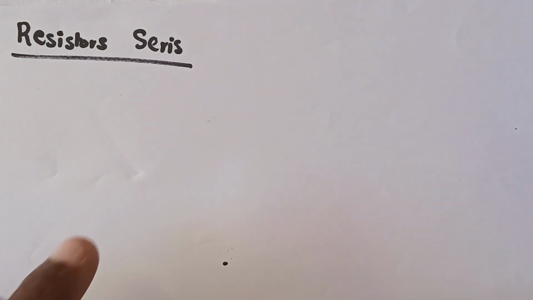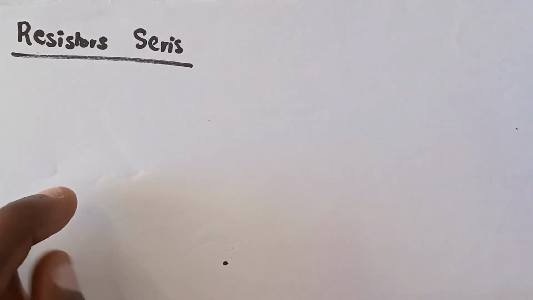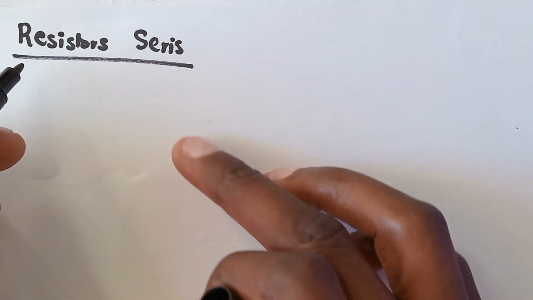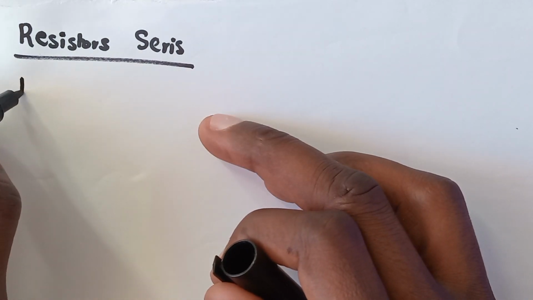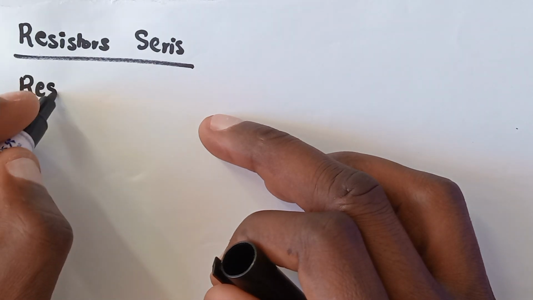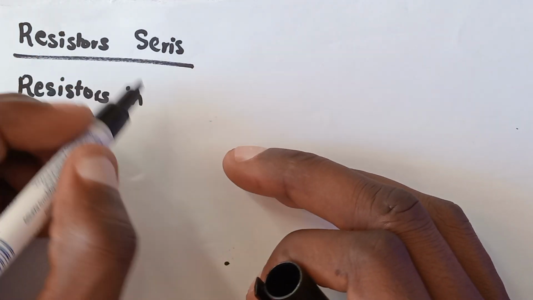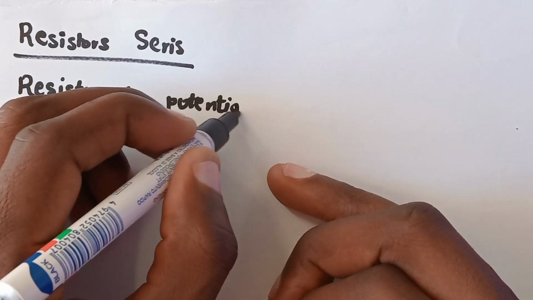And for each of the resistors that are connected in that cell, the voltage is divided according to the value of the resistor. So let's firstly write that resistors in series are potential dividers.